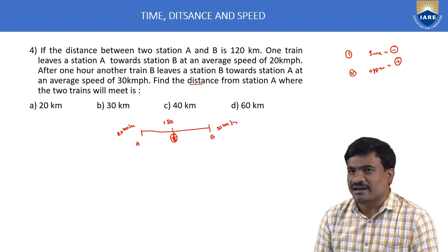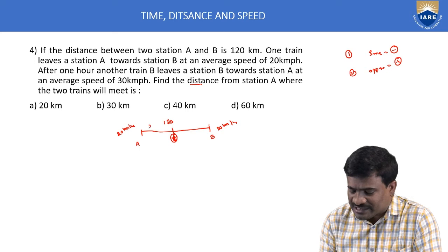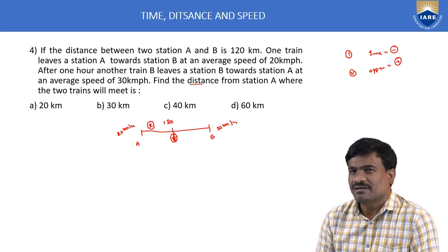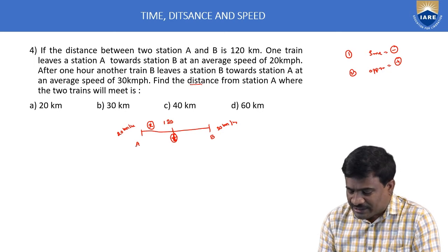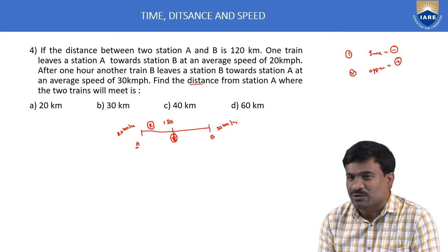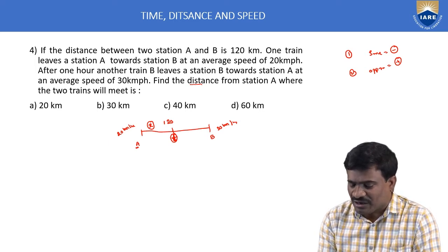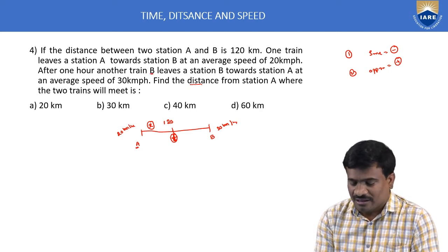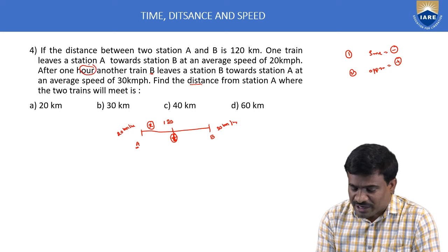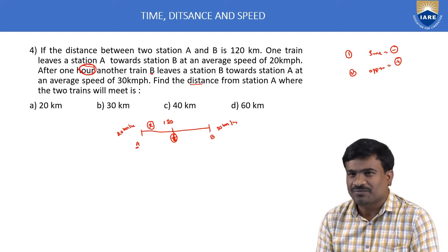Next, let A's time up to the meeting point be X hours. Then find out B's time. Once again, let A's time up to the meeting point be X hours. Then B's time: the statement says after 1 hour, another train B leaves station B. That is, the time gap between the first train and second train is 1 hour.